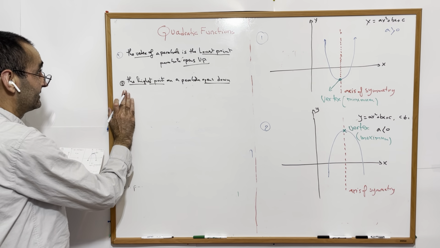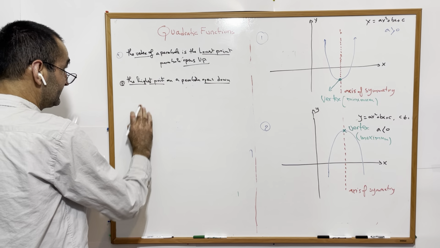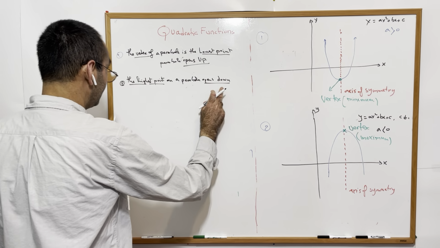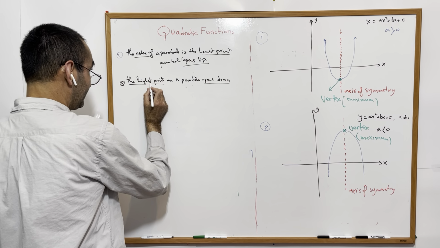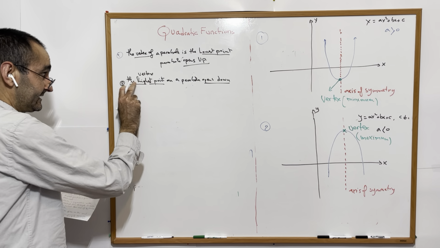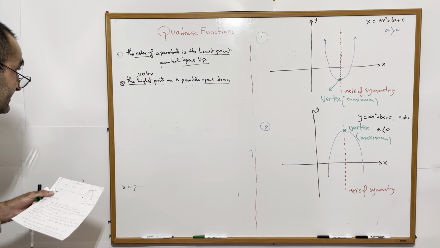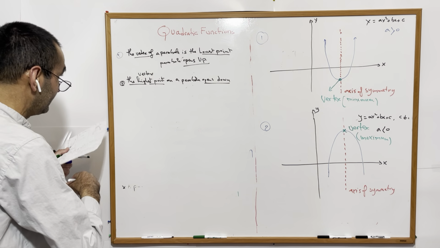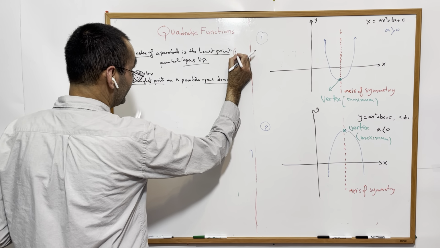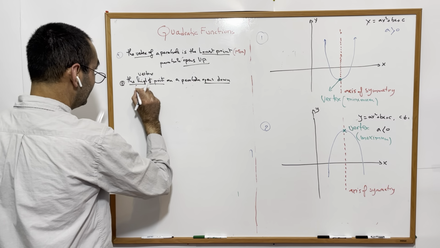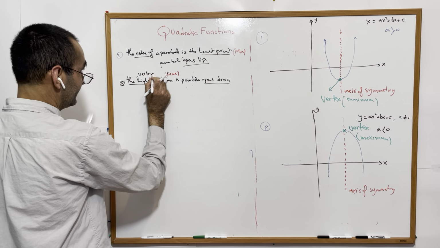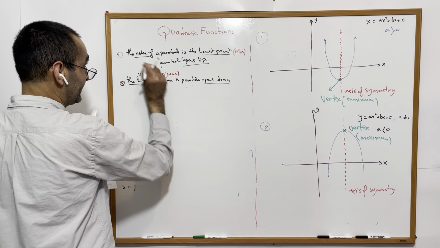The vertex is the highest point on a parabola that opens down. Vertex is max. Vertex is min.